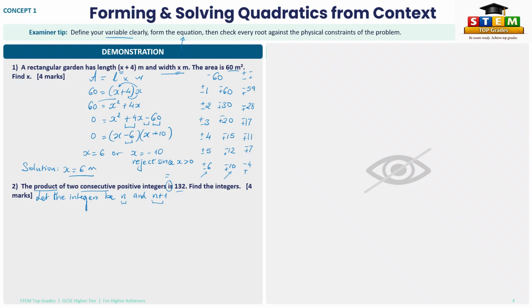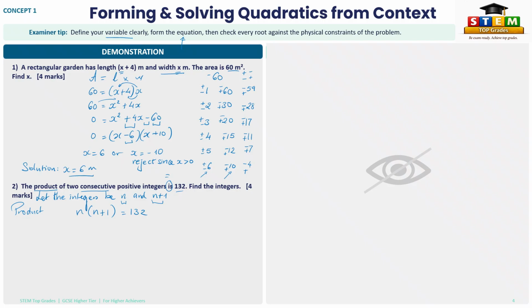So let's write this down. The product means multiplying these two together. So you're going to get n times n plus 1 equals 132.